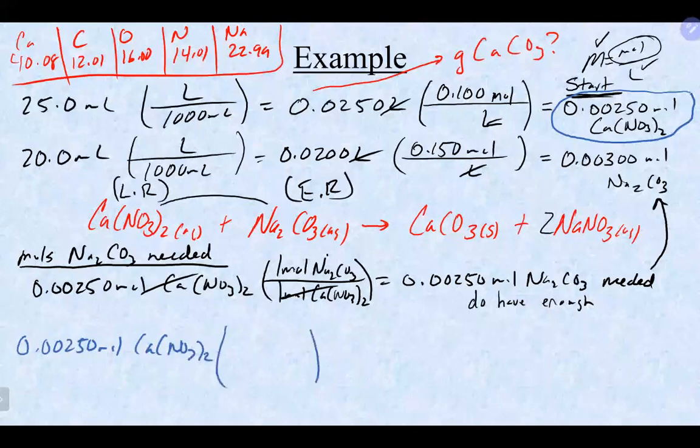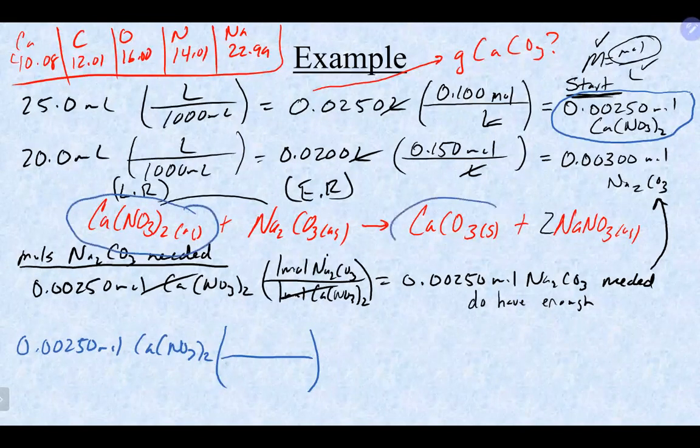Doing our mole to mole relationship between calcium nitrate and calcium carbonate, from the equation it is a 1 mole to 1 mole relationship, which makes the math not too bad. If I stopped right here, I would be in moles of calcium carbonate, but we want to know how many grams.